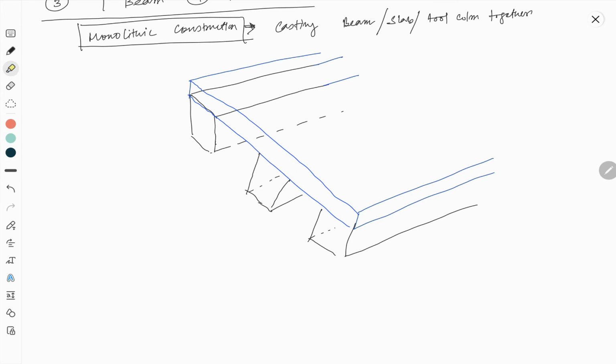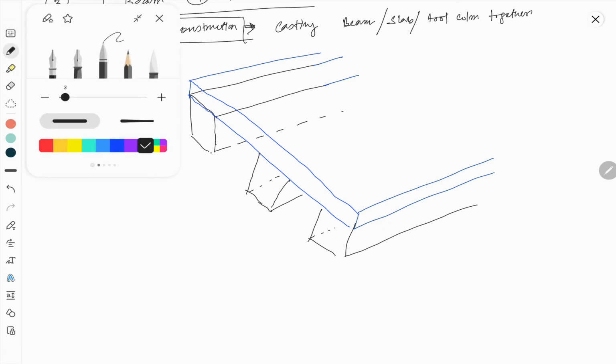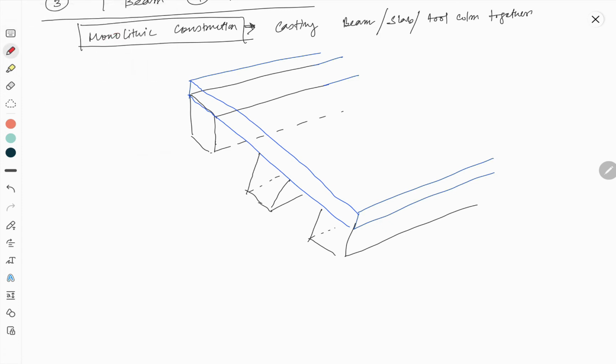Now understand one thing very carefully. If we cut this section from here and here, then what happens?